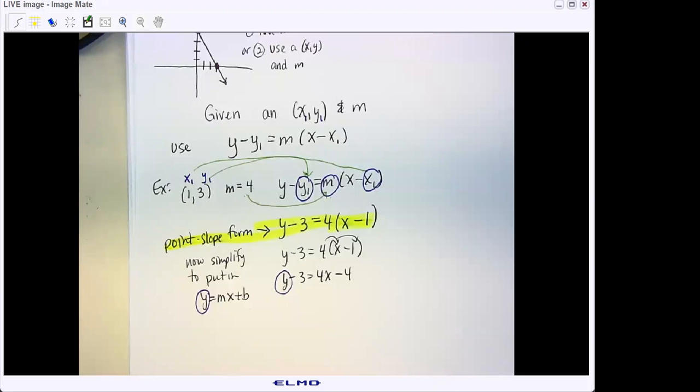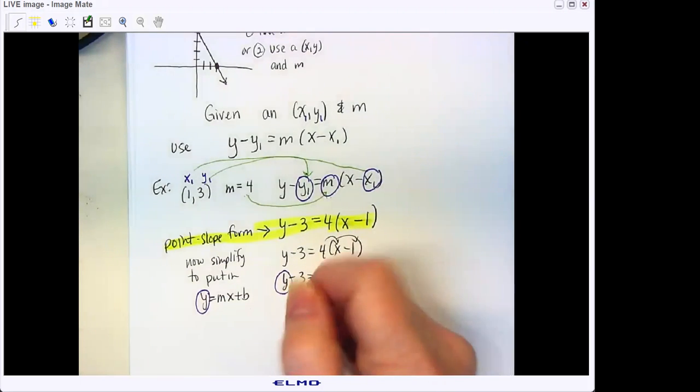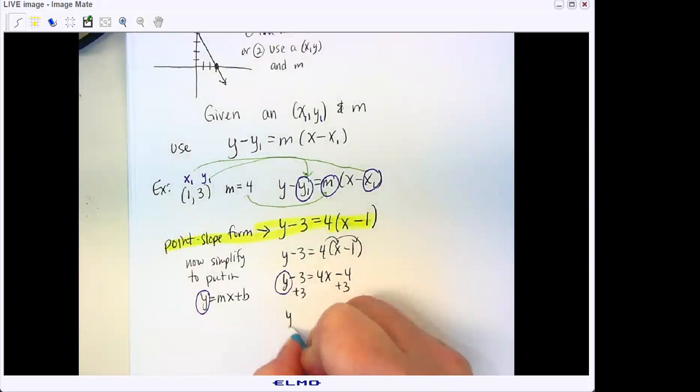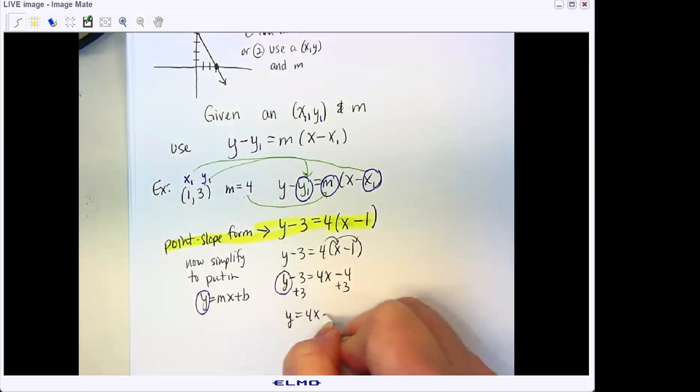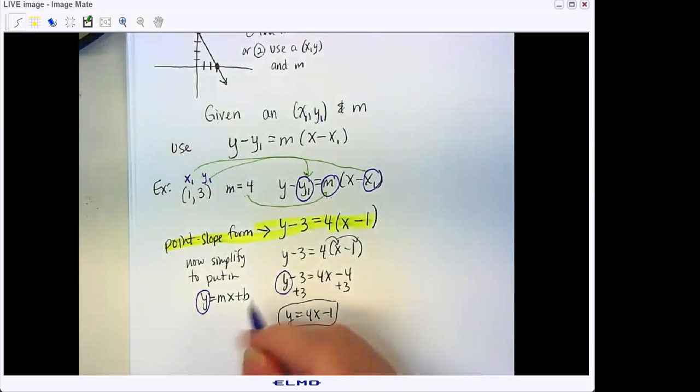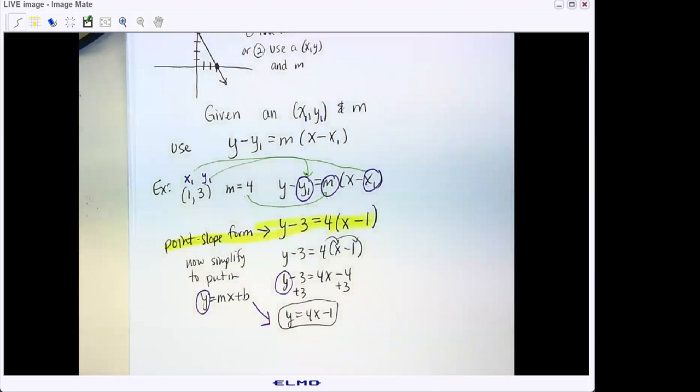Add 3 to both sides. Good. So I'm going to add 3 to both sides. Those cancel and I get y equals 4x minus 1. You're done. That's it. This is my slope intercept form.